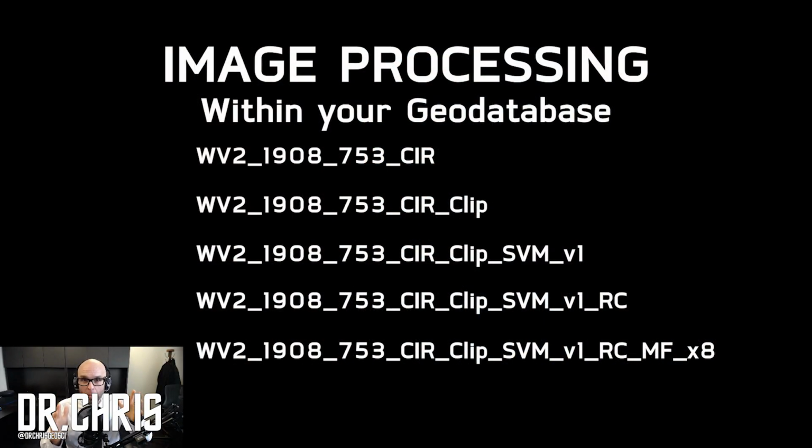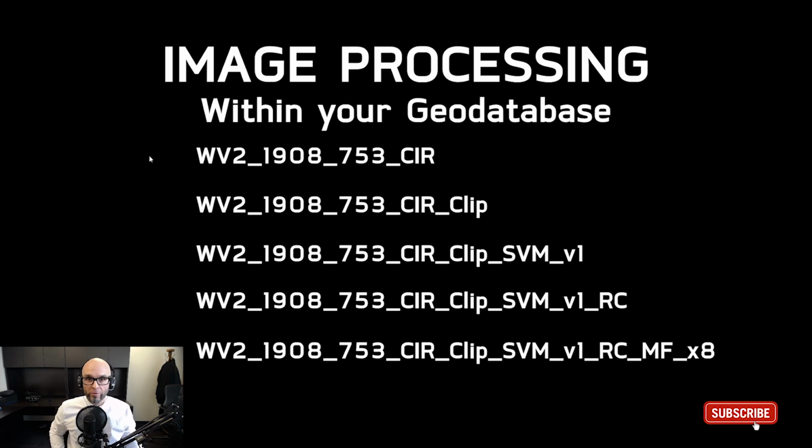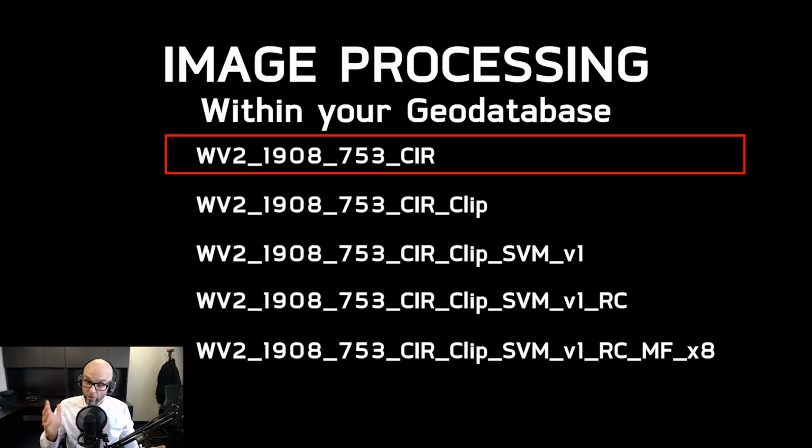Here's a quick example of what your raster should be named within your geodatabase while you're image processing. Since you are already in a project, you do not need the beginning project name on your raster. To start off, we'll have, in this case, Worldview 2, the date it was acquired, the raster combination created, and what the raster combination creates.